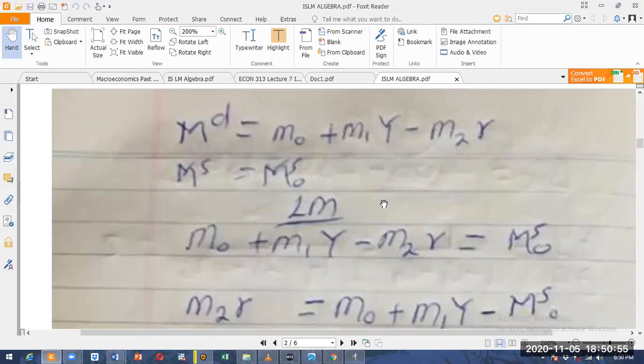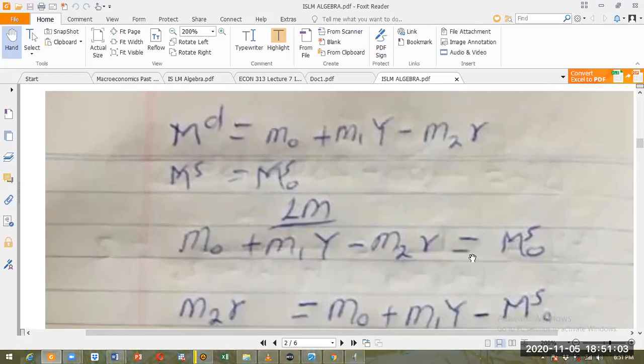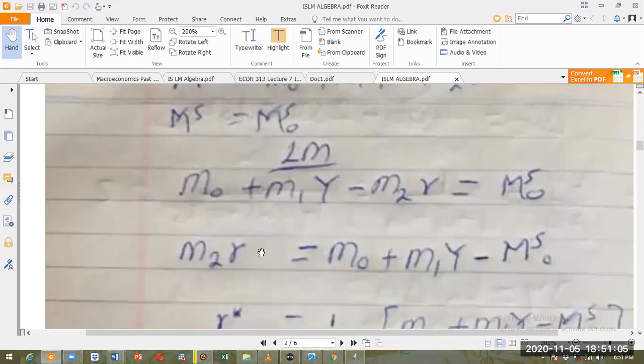In the money market, we have equilibrium when money demand is equal to money supply. So we equate the money demand function to the money supply. Now, we want to make R the subject. So we can bring this one here and send the money supply to the other side. So this becomes positive, then money supply comes here, becomes negative.